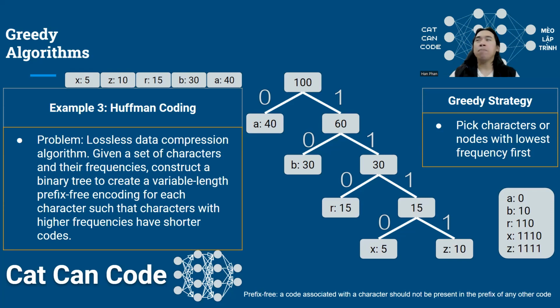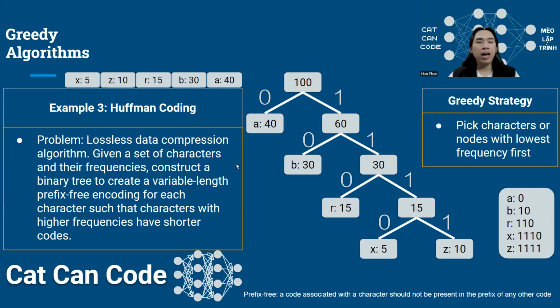Because the character that appears a lot, we should use less data to store it. And the character that does not appear very frequently, it's okay to use a longer code to store it, right? So the idea here is to first sort the input data, which are a bunch of characters and the corresponding frequency, into increasing order.